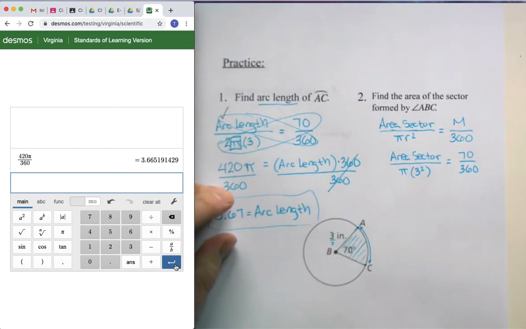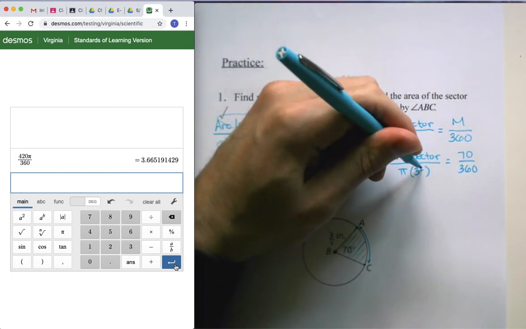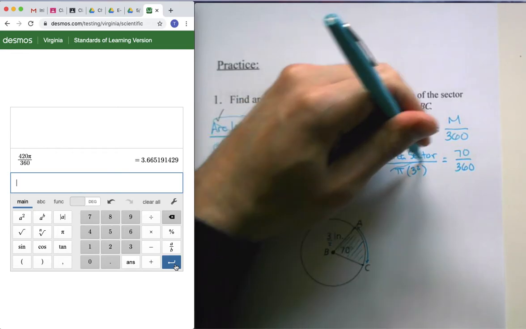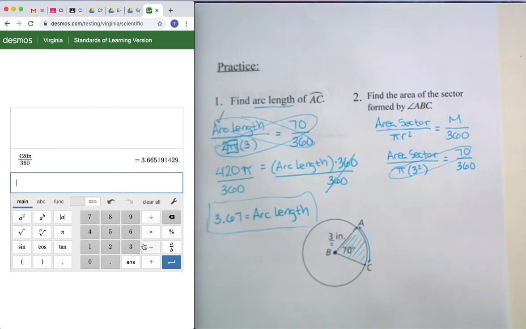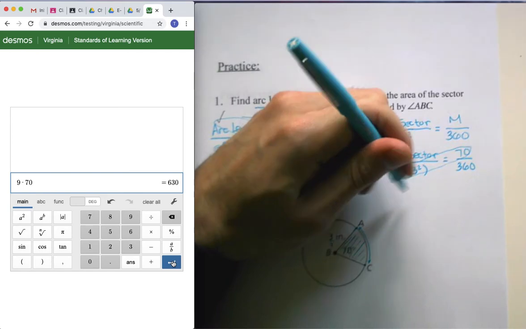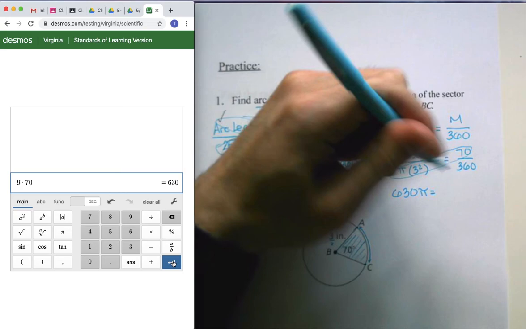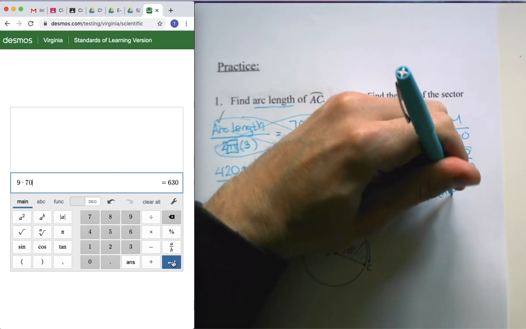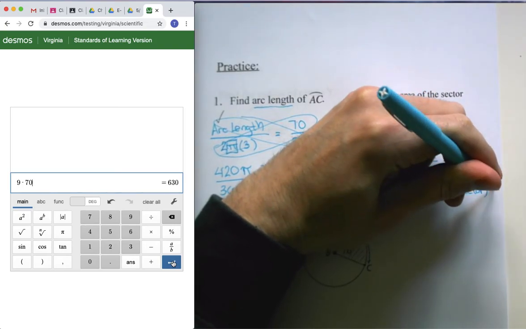Okay, now again, we're going to cross multiply, and so here what you're going to have is 3 to the second is 9, so I'm cross multiplying this way. 3 to the second is 9 times 70. Let's do that in our calculator here. 9 times 70 is going to give you 630, so that's going to be 630 pi is equal to area of the sector times 360.